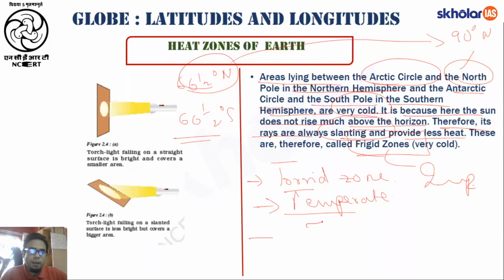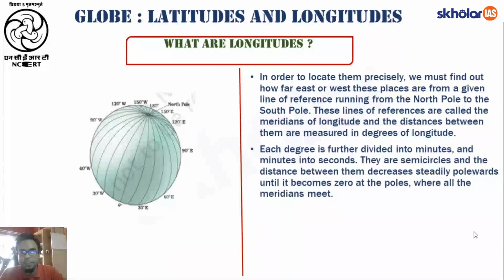And finally, we will have the frigid zone, which is found beyond 66 degree latitude north and south, where the temperatures are very cold, right? So as we move from the torrid to the temperate zone, what happens? Your temperature starts to decrease, right? So this is about your latitude and the concept of heat zones, right?